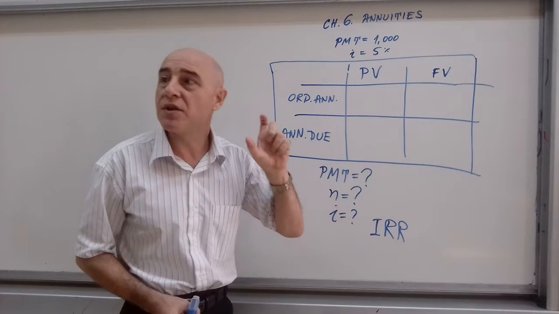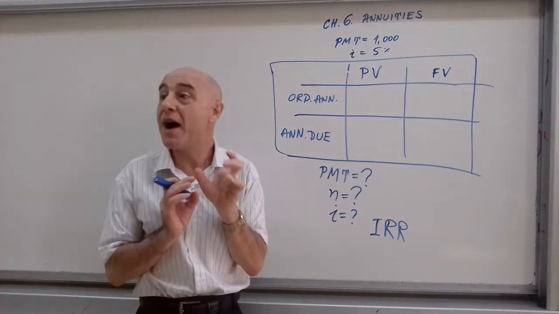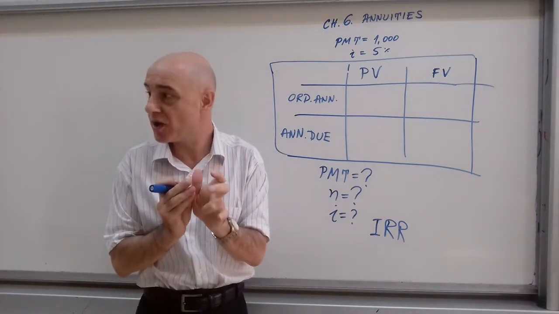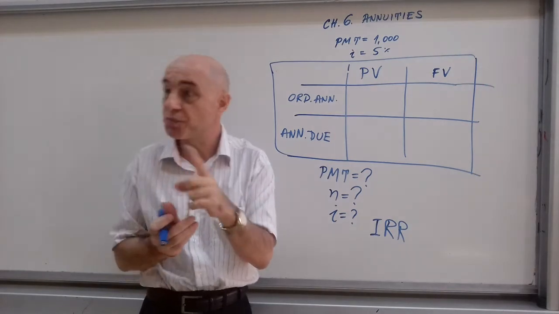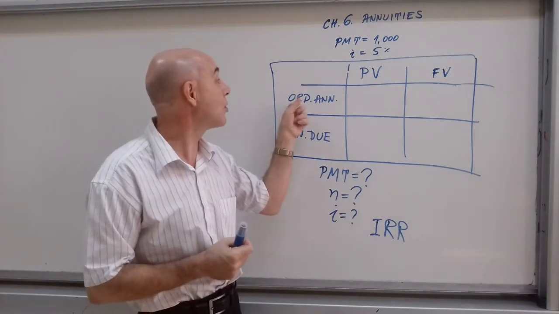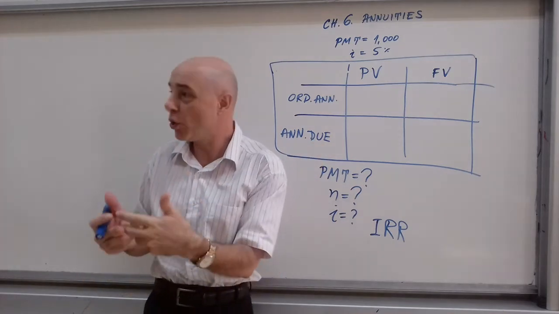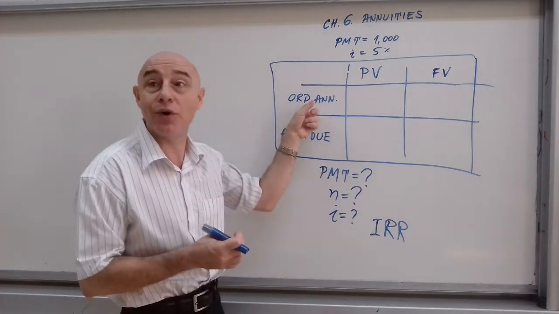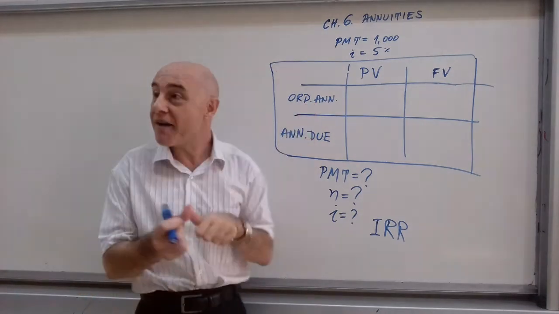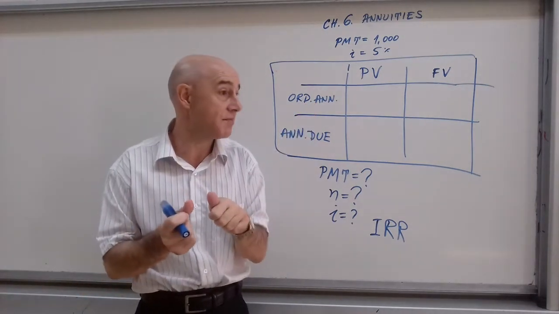It's very important that you're careful to watch about the setup of your calculator so that when you switch between problems of ordinary annuity and annuity due, you don't use the old setting, let's say, of ordinary annuity. You have to switch every time, okay?